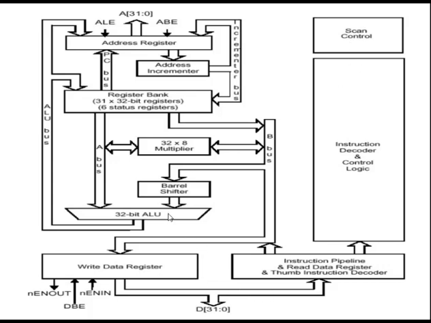The ALU is performing the execute operation. You can see the 32-bit ALU, barrel shifter and multiplier. The barrel shifter and multiplier come under decode. So carefully observe this diagram of the ARM7 architecture.